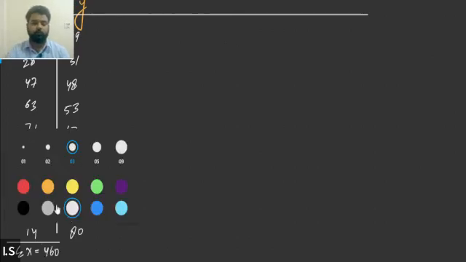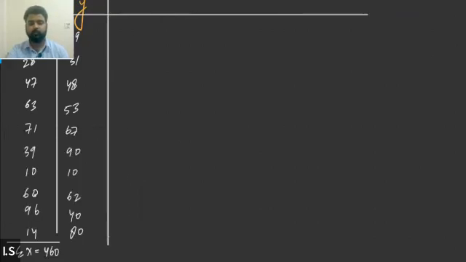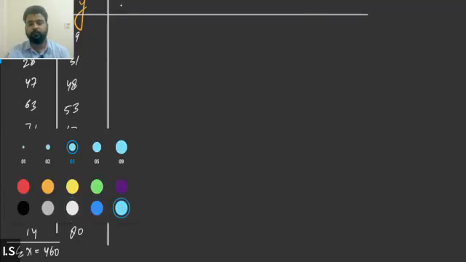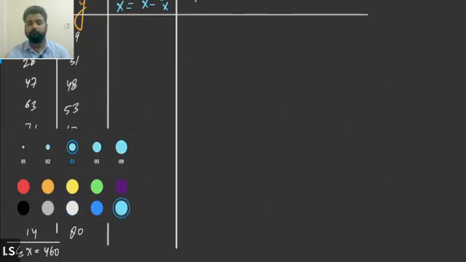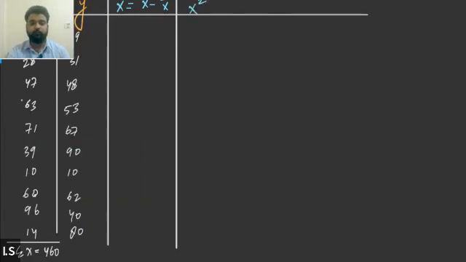Okay, now I'm making another column for calculating the deviation. For deviation, we will apply this formula: x equals x minus mean. And after finding the deviation, we will do the square of it, x square.